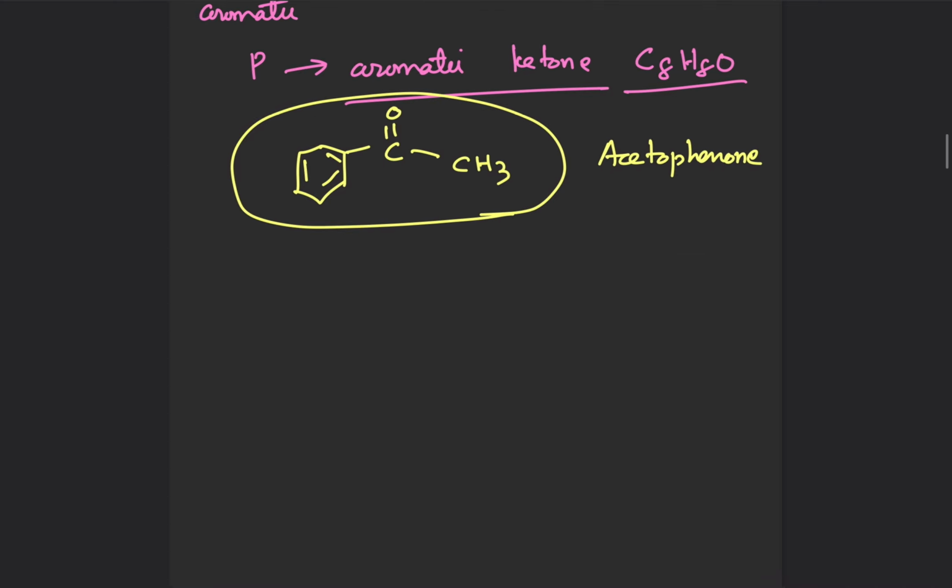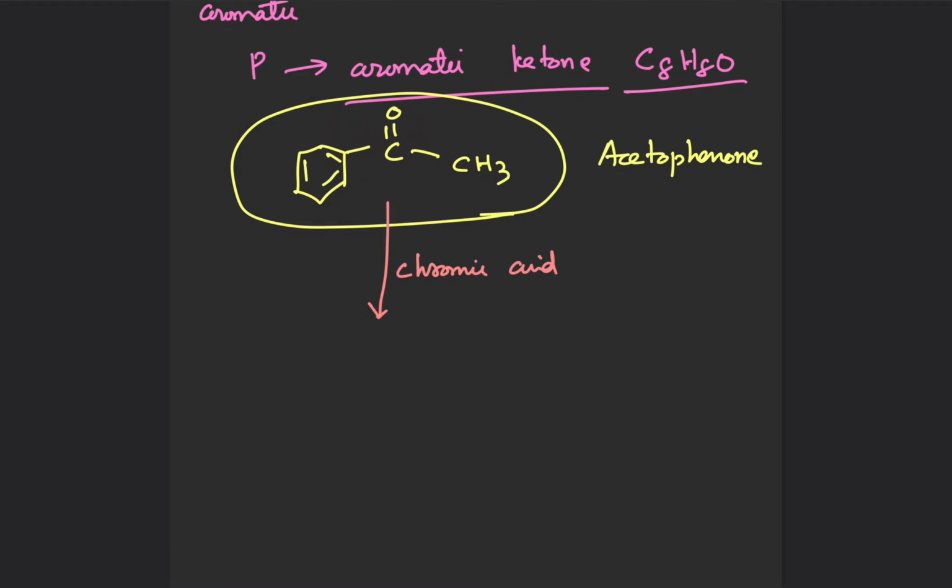Okay, cool. Then obviously we are oxidizing it with chromic acid. So obviously whenever we oxidize ketones, the rupture or the breakdown of C-C bond occurs. So either this bond is going to break or this bond can also break.